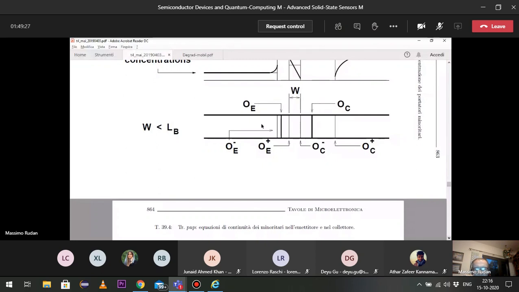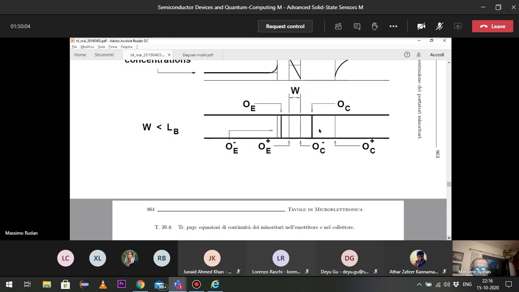So the positions of OE minus and OE plus don't change, okay? The other junction is in the reverse bias condition. So the positions of the two edges, OC plus and OC minus, do change, okay? And if OC minus changes, then W will also change, and you don't want it because there is an unwanted, indirect, and difficult to calculate influence of the bias on W, okay?